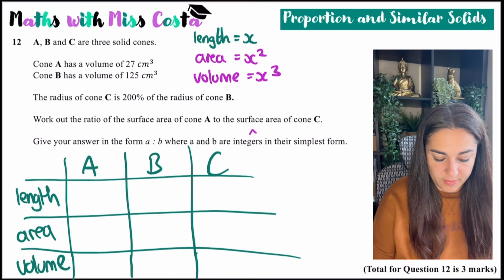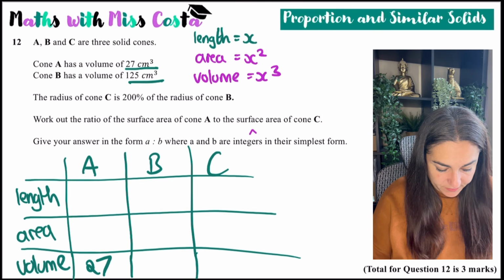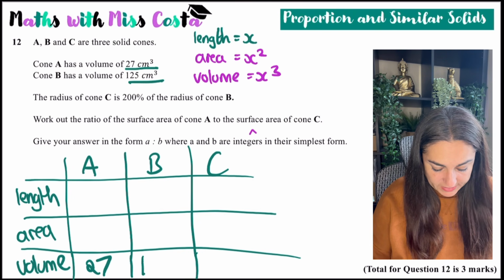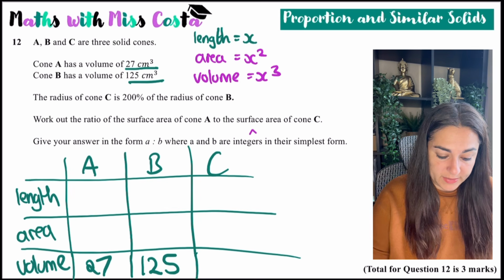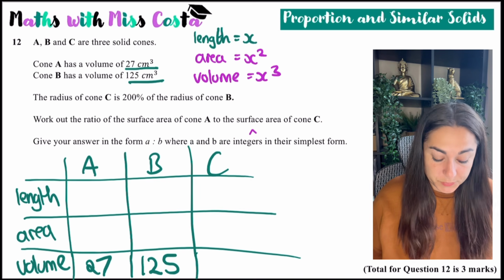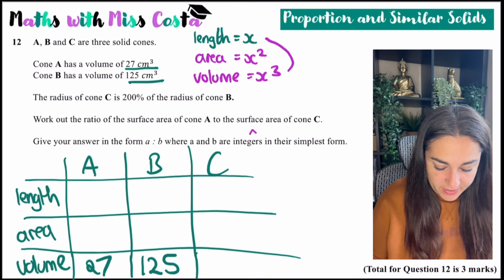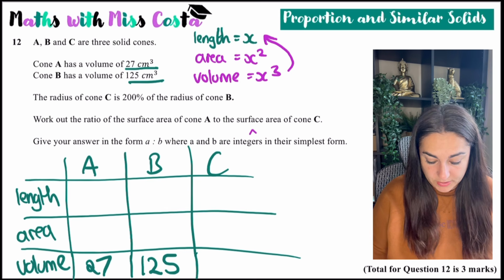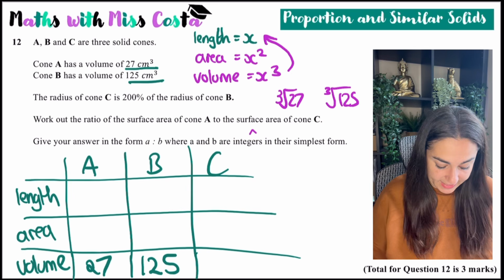Currently, I know that the volume of A is 27 and that the volume of B is 125. And because it's a cone, it's going to be proportional to its linear scale factor. So I need to do the cube root of 27 and the cube root of 125 to figure out what the length scale factor is.